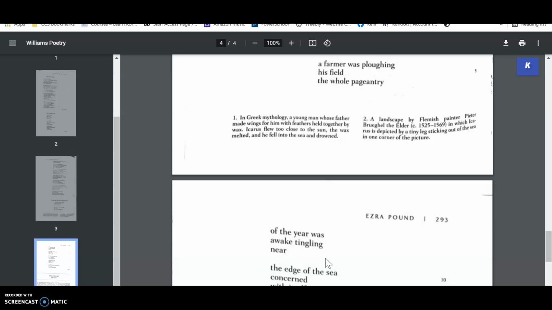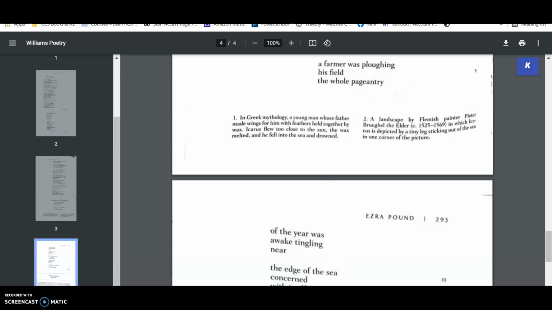In the fourth stanza, the pageantry is going on by the sea's edge. And so you have the plowman, the farmer, who's farming right there. You have the shepherd looking up in the sky. In the painting, we're not really sure what he's looking at because he's not looking in the same direction as where Icarus fell. So was he looking at Daedalus flying, whatever the case may be?